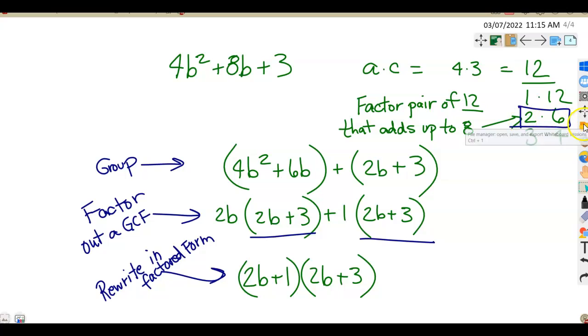Here it is, 2 and 6. I grouped them. I factored out a GCF from both. These match. Yay. That means I did it right. And here you have it, my fully factored form.